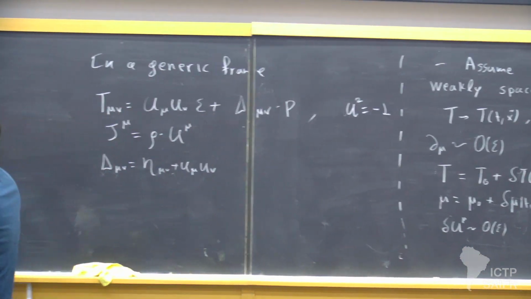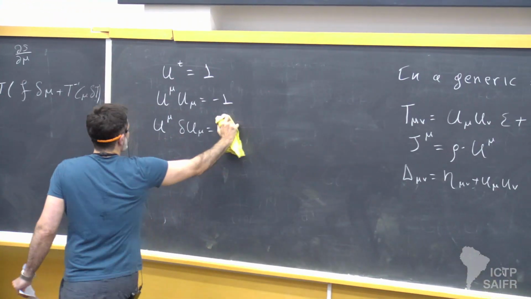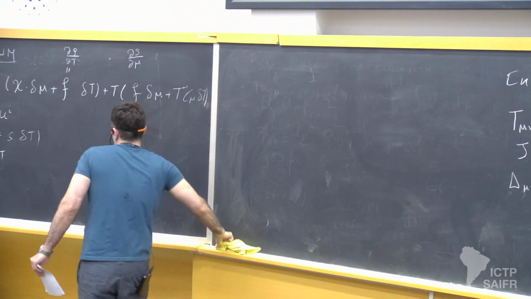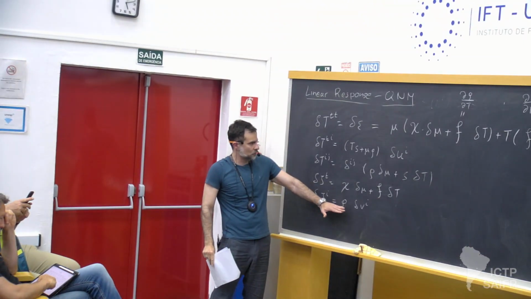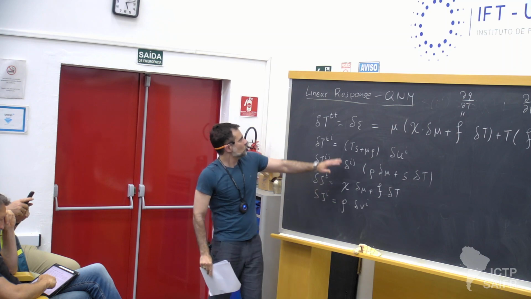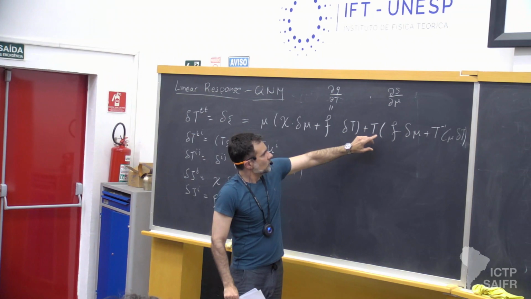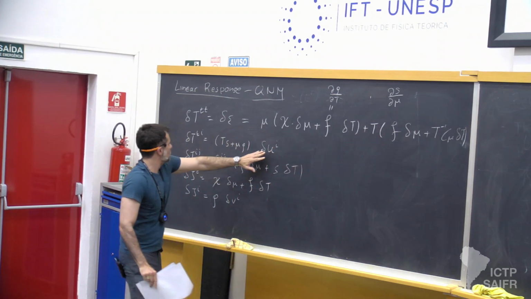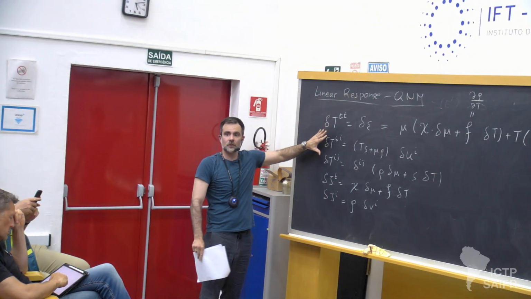If I plug this into that, I will get some equations. But I want to focus on a much simpler system, which is at zero background charge density or zero background chemical potential. Now, if I do that, you will see that the dynamics of local temperature and local fluid velocity are governed entirely by the Ward identities for the stress tensor.